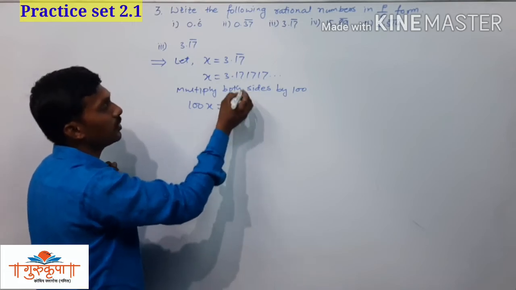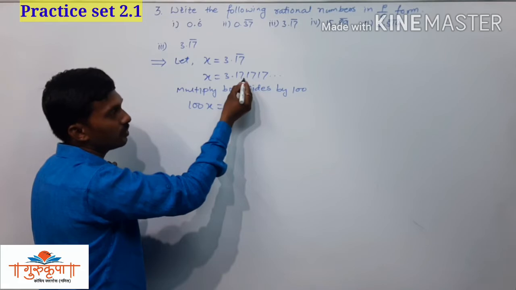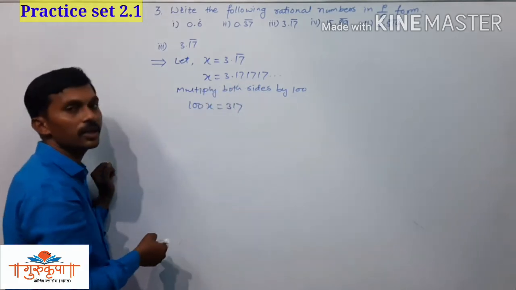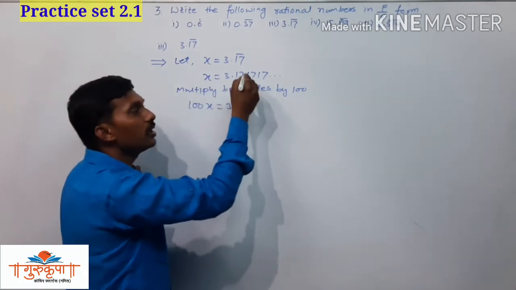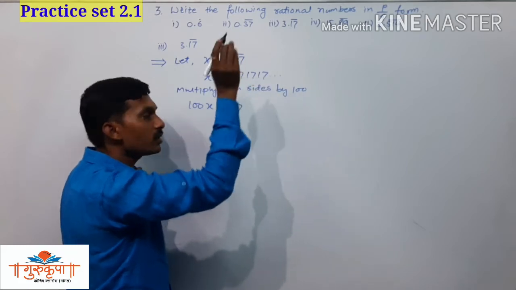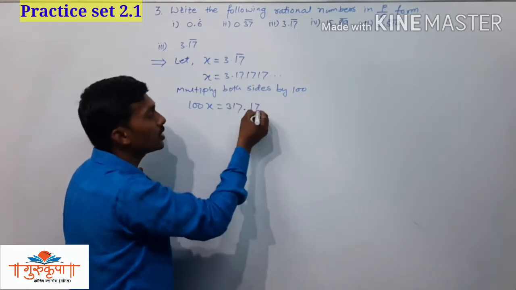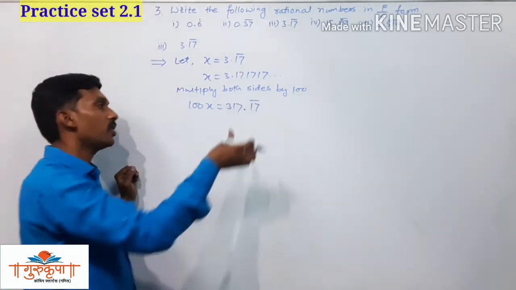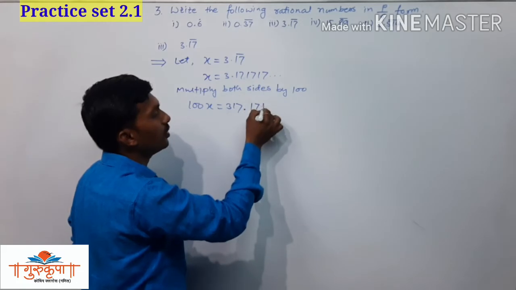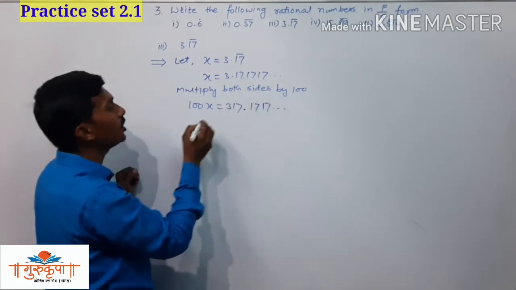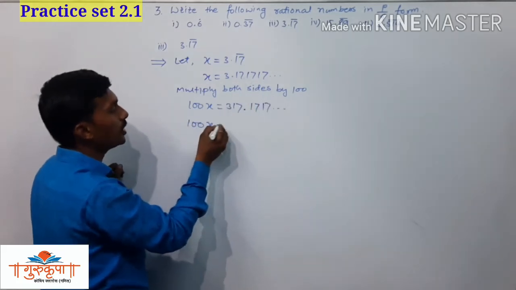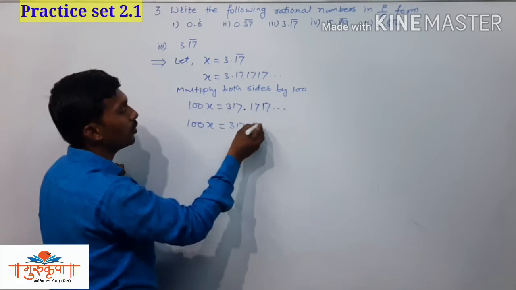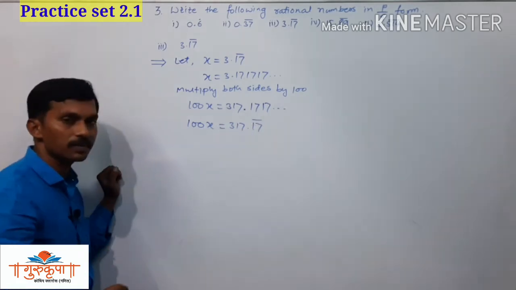The decimal sign is between 7 and 1, that is 317.171717 and so on. So directly you can write it as 317 point recurring 17, or simply write 1717 and so on.